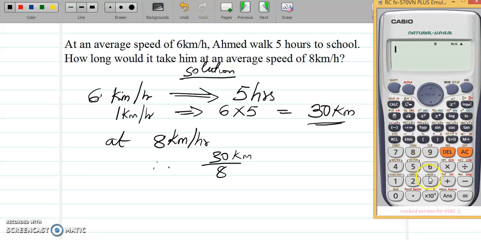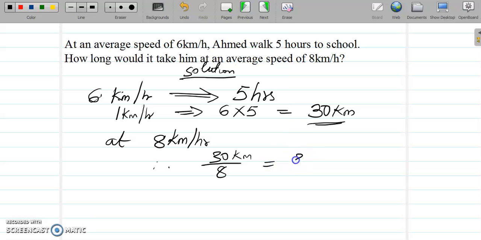So if we divide 30 by 8, we have what? We have 3.75. Please don't leave your answer this way, because we don't have anything like 3.75 hours.